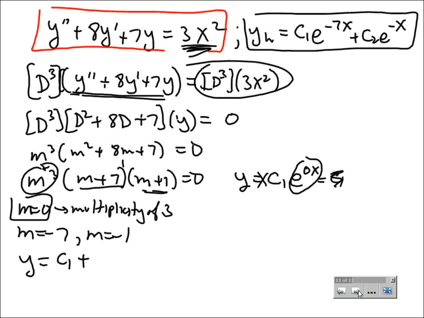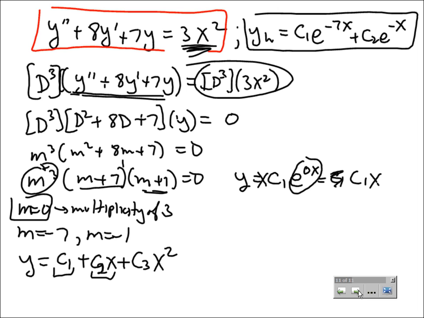But that's always 1. This is just going to be x times c1, or c2x, excuse me. And then you're going to have c3x squared. Every time the multiplicity is more than 1, whatever answer you get, multiply it by x.